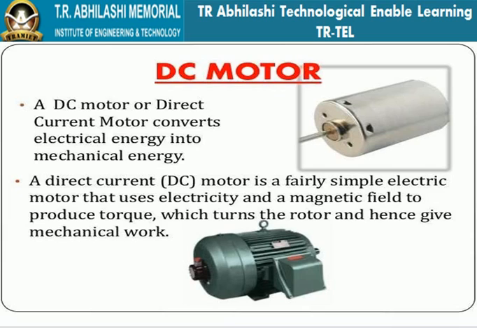Because induction motors are generally used, but in modern applications, for example tramways, speed control, small tools such as drilling machines, and heavy duty applications, where speed control is most important, DC motors are used. Why? Because induction motors are robust and their efficiency is better, but their speed control is not good.